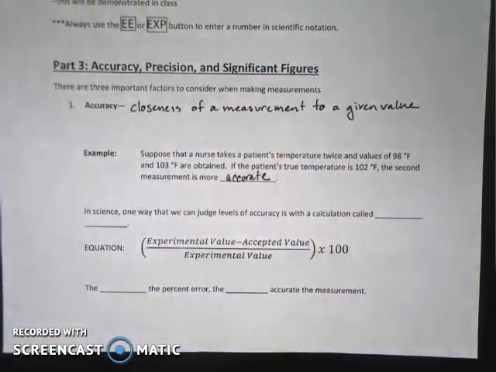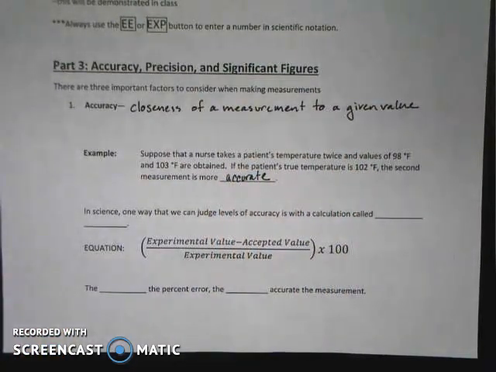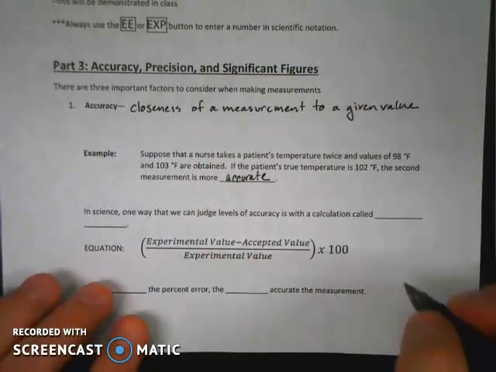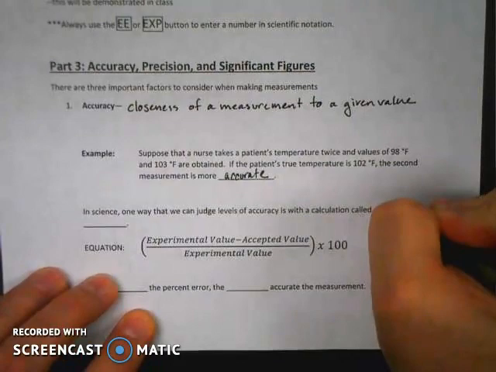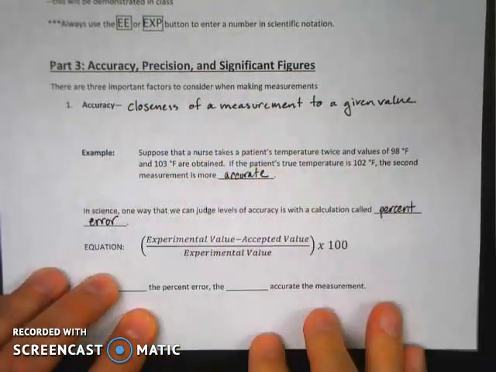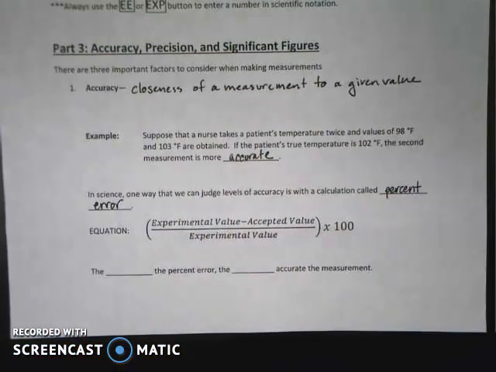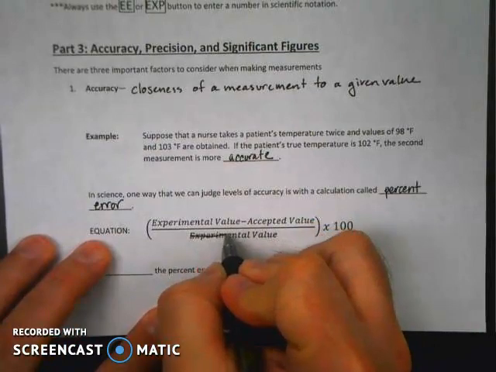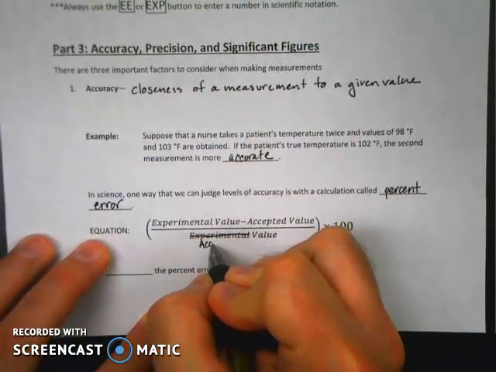So in science, one way that we can look at accuracy is using a calculation called percent error. And that equation is given here. And there is a little typo here, so we're going to cross that out and write accepted.